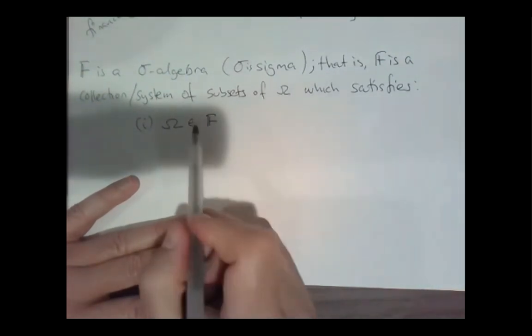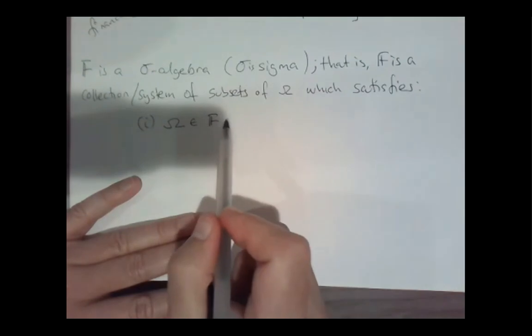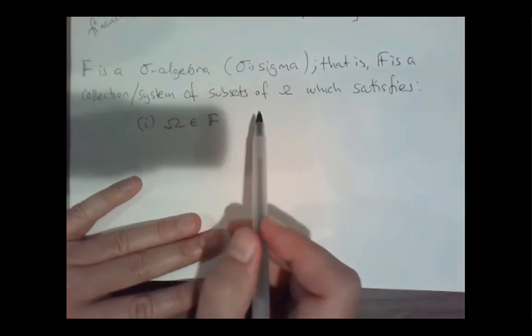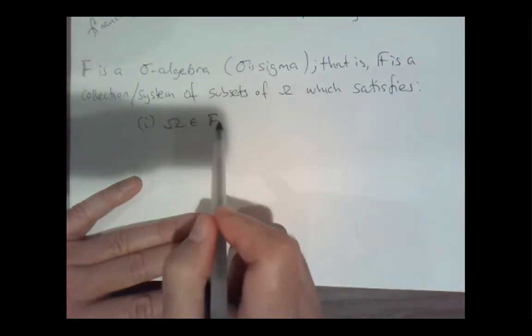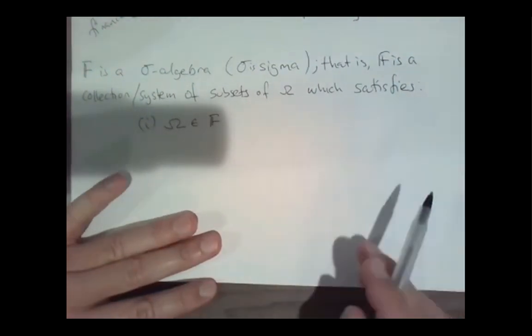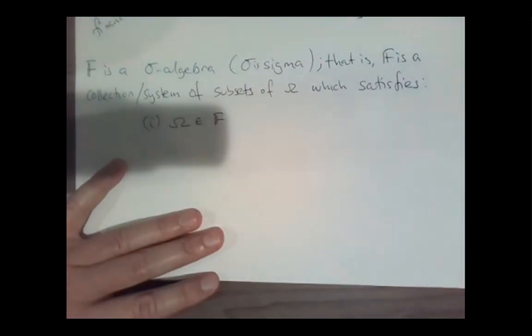Please note the way that I write here. Elements inside F are sets, and omega is a set of points, so that's also a set. So what I'm writing here is that omega belongs to F, even though omega is a huge collection of points. Omega has to be an element inside F.